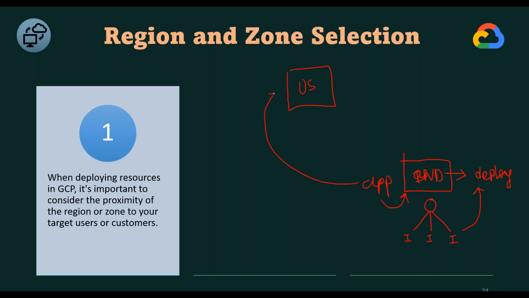But if I deploy it all the way in the UK, the users are connected to the UK network, there is a network lag, the availability is lesser, and they are not able to connect. They have to wait some time to connect to the application.